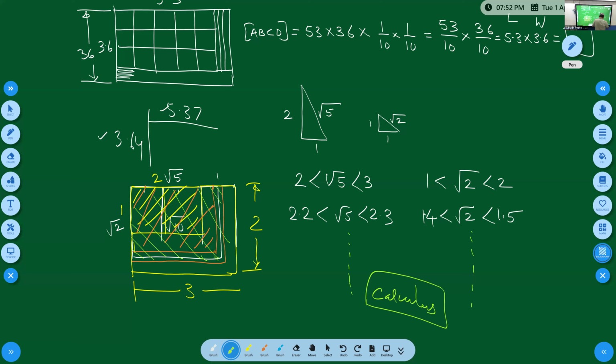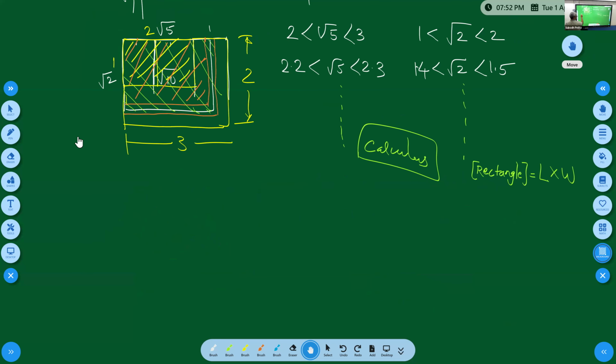So if we keep doing this, then the area of a rectangle is length into width, with proof. No matter what length you have, no matter what width you have, you will get length into width as the area of a rectangle. So this is a very important breakthrough. And if we have it, then now the triangle is easy.